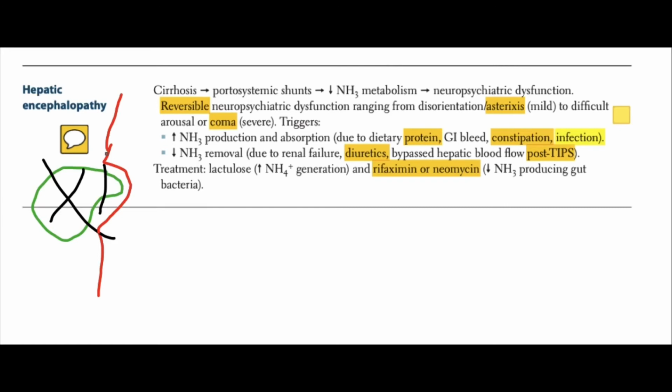Okay, so now we will talk about the treatment of this condition. First of all, we will use lactulose that increases ammonium ion generation. Lactulose produces an osmotic laxative effect, reduces the pH of colonic content, thereby limiting colonic ammonia absorption, and promotes incorporation of nitrogen into bacteria.